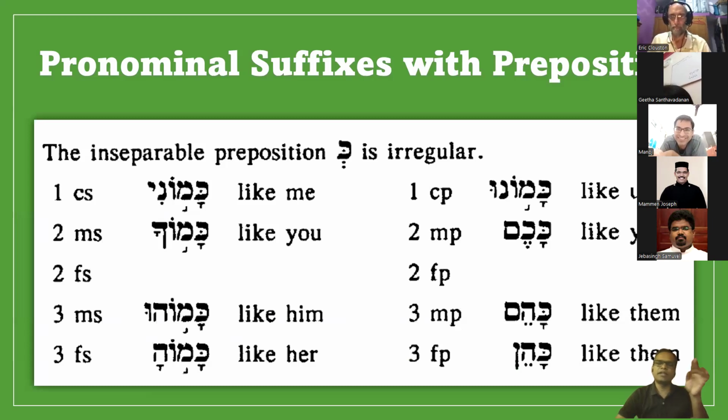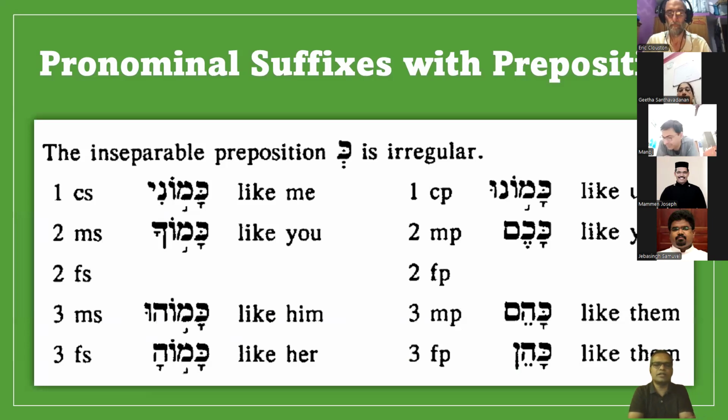The last one: inseparable prepositions Bet and Lamed with Shva, no problem. They will appear as they are. Li, leka, lak, lo, la; bi, beka, bak, bo, ba; banu, bakem, baken, bahem, bahen. But Kaf followed by simple vocal Shva takes the irregular form.